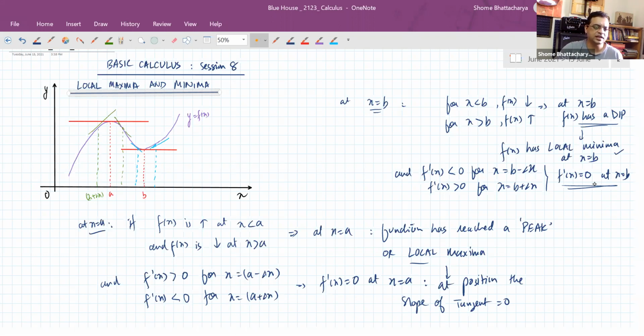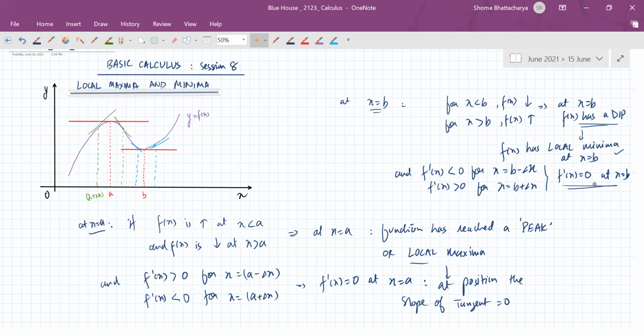If you just visualize a sine wave, going from minus infinity to plus infinity, you'll see that it has an infinite number of peaks at all the points like pi by 2, 5 pi by 2, and so on and so forth. Whereas it has a dip at points like 3 pi by 2, 7 pi by 2, 11 pi by 2, etc. So it has alternate peaks and dips. So any number of local maximas and minimas are possible for that matter.